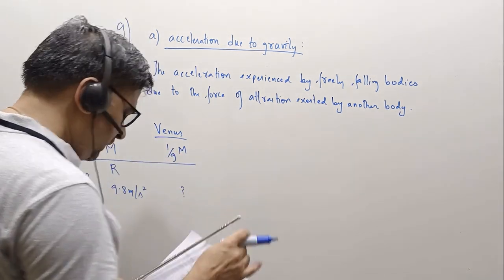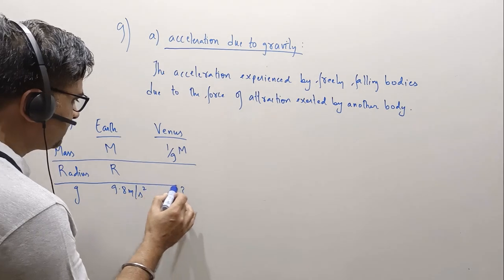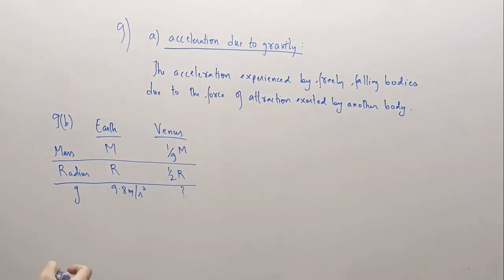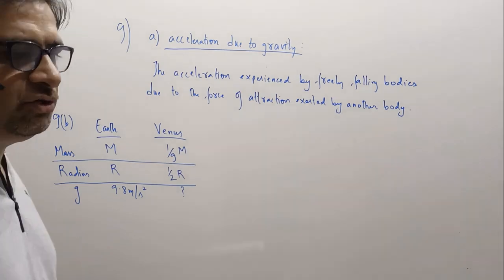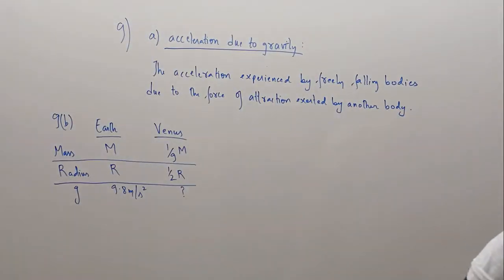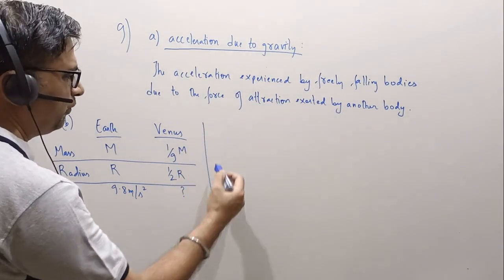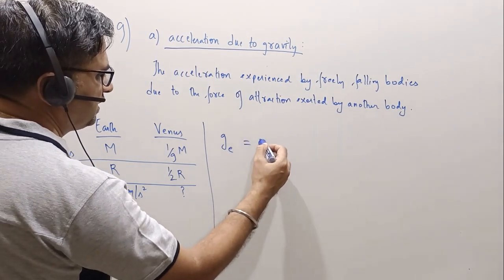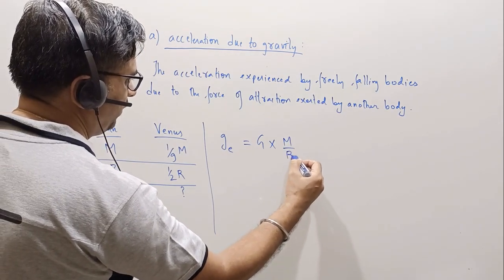And it's also given that the radius of Venus is half that of the Earth. So this is r/2. Now, if the value of acceleration due to gravity on Earth is 9.8, what is the value of the acceleration due to gravity on Venus is the question. So this is what we are going to now find out. Now we know that the value of the acceleration on the Earth is given by G M by r squared, where G is the universal gravitational constant.